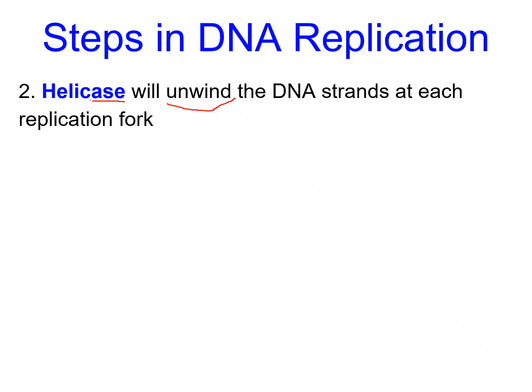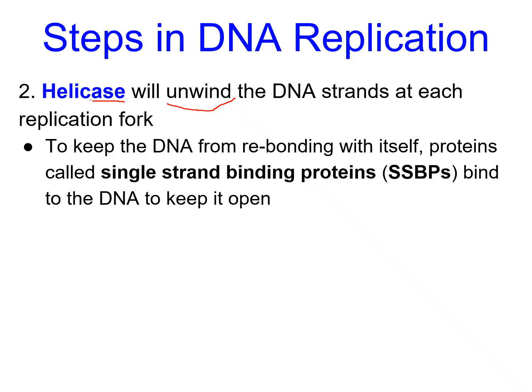Once helicase goes in and separates or unwinds the two strands, breaking those hydrogen bonds, we have other proteins that we abbreviate SSBPs, which stands for single strand binding proteins.